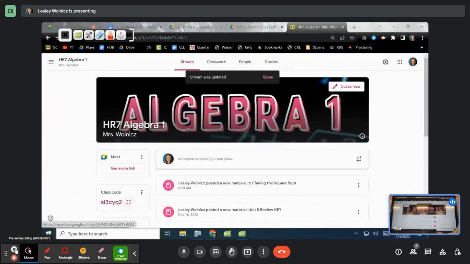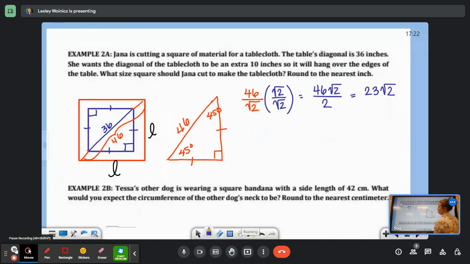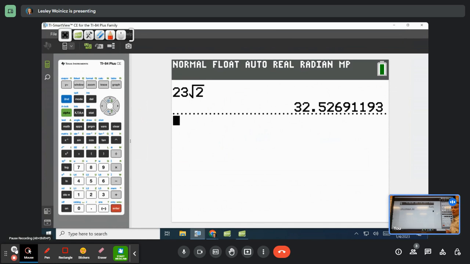So, oops, that's not my calculator. 23 root 2 is what I need to do. 23 times the square root of 2. And they said the nearest inch, so I don't have a decimal. It's like my whole inch. So 5 and up, we round up. So this should be 33 inches.